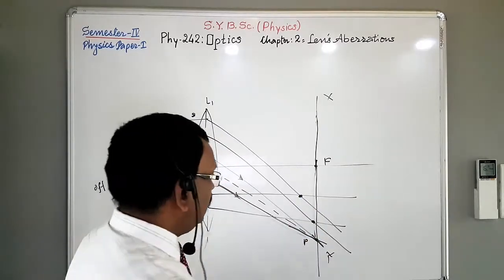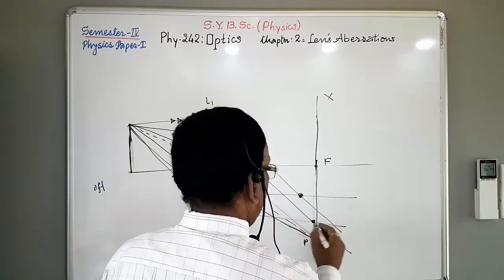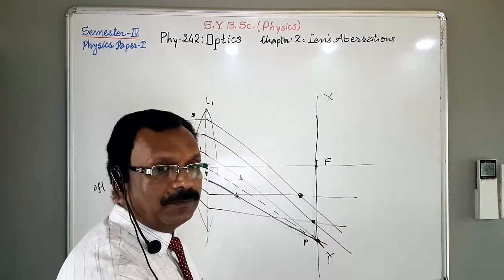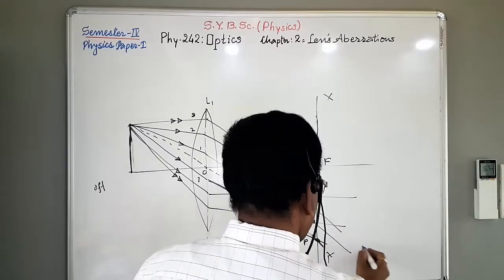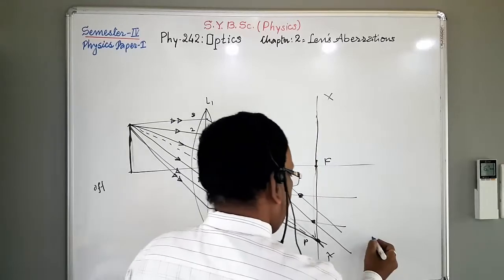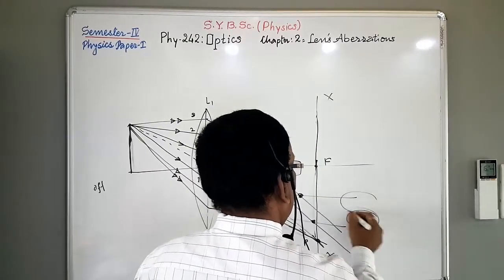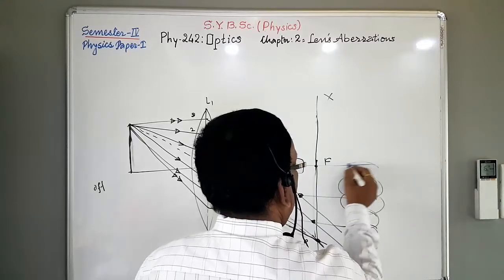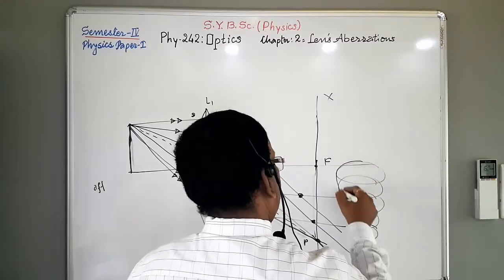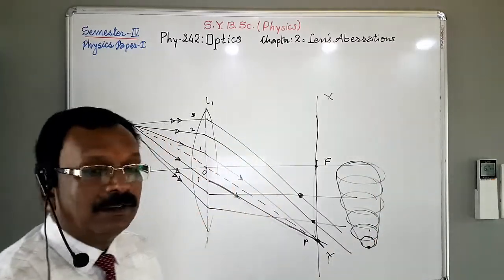These are the points. So the first point shows like this. Now the second circle. This is the shape of the image, like a comet.